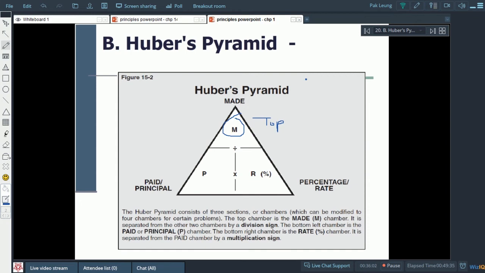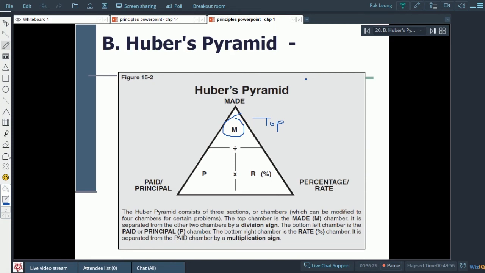What if I just tell you I make $10,000, I sold a $100,000 home, what is the rate? So I cover that up. $10,000 divided by 100,000, 10% is how much I make in percentage. If I want to find out how much I have to put in to get 10% from 10,000, I cover that up.